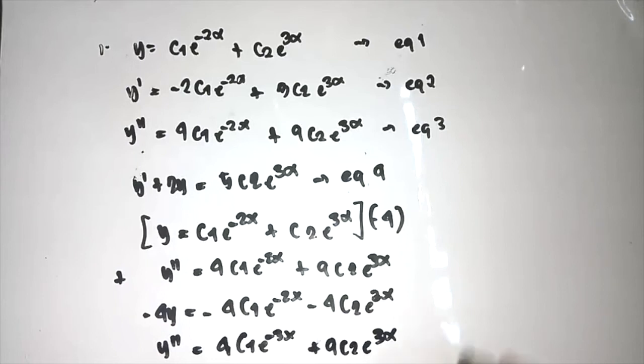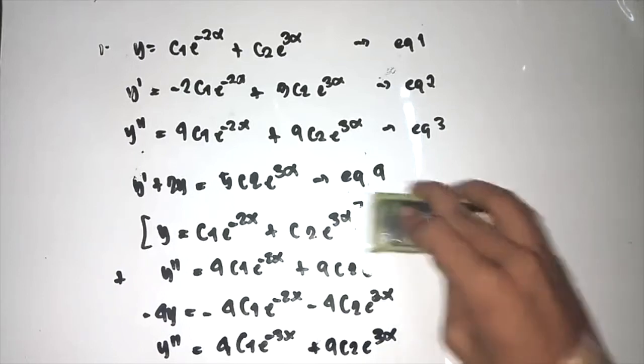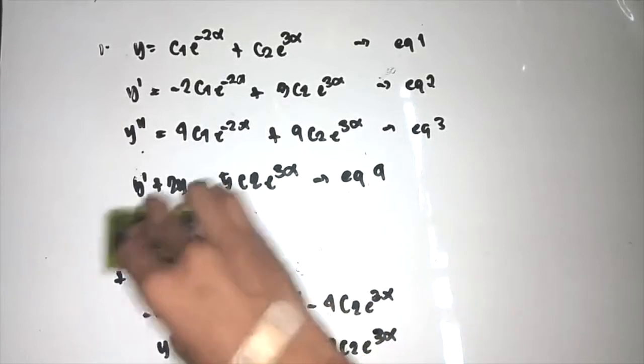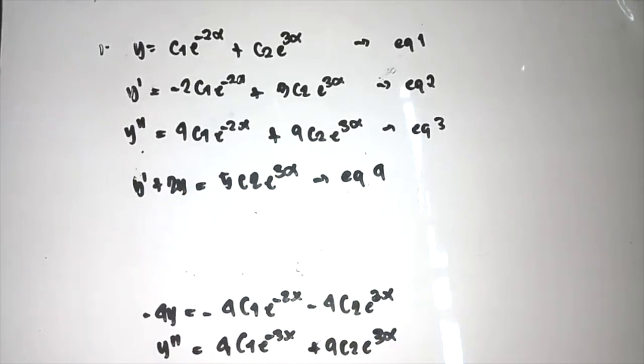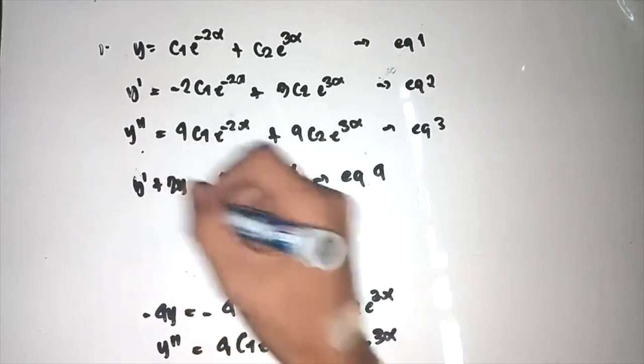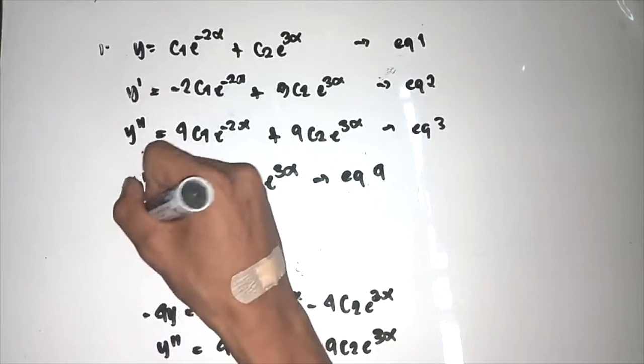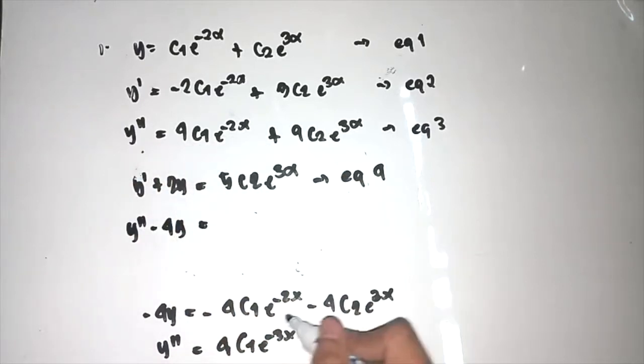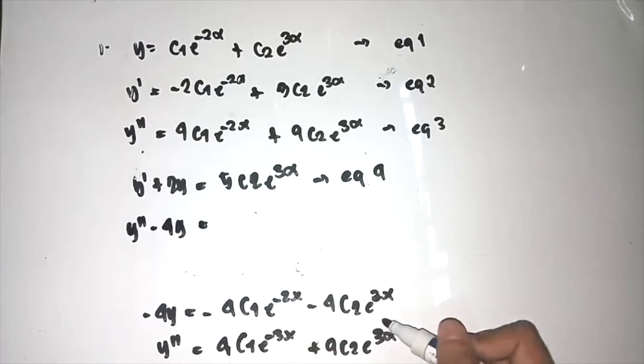So I will just erase these two, so we will have a space. Now if I'm going to add these two equations, this will become y double prime minus 4y equal to, since c1 will be cancelled, 4c2 e raised to 3x plus 9c2 e raised to 3x.